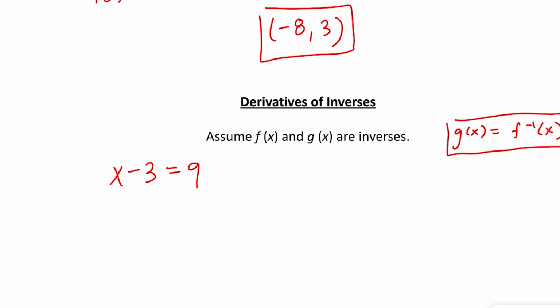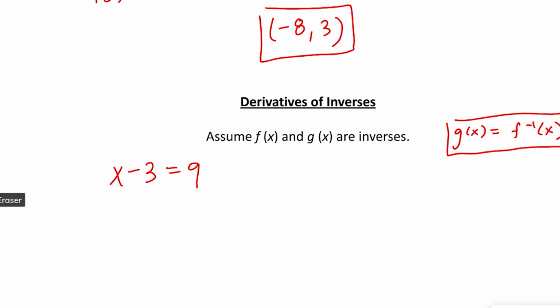Square roots, I guess that's not a good example, but in a simplistic way, square rooting and squaring kind of undo each other, if we ignore the whole plus minus issue. And so inverses will undo each other.